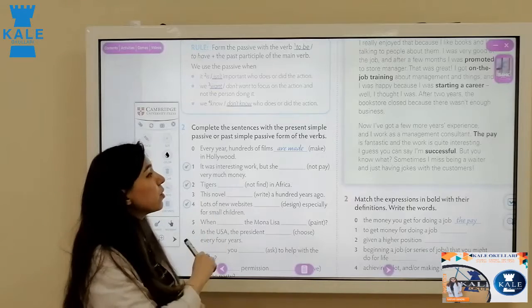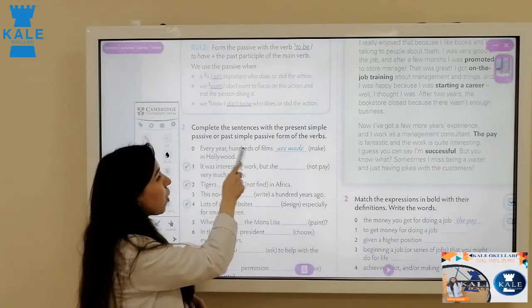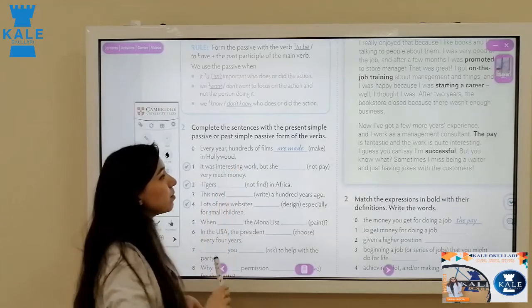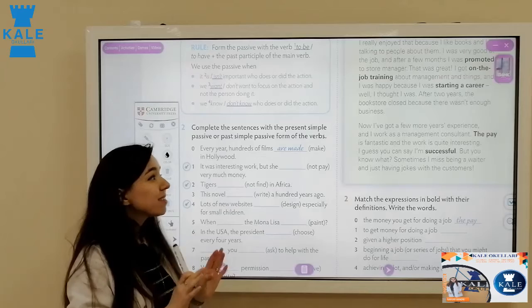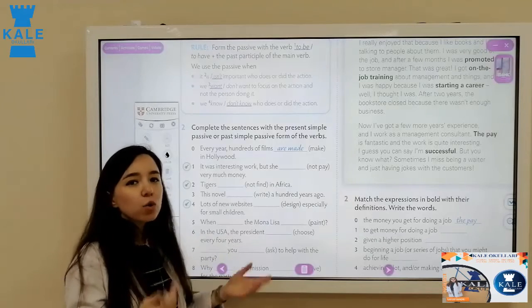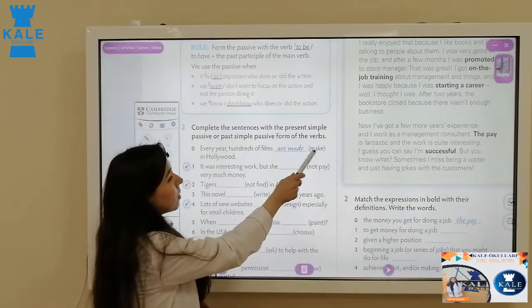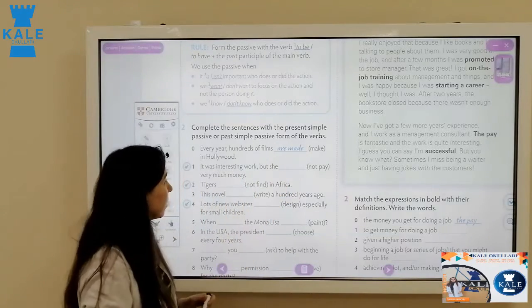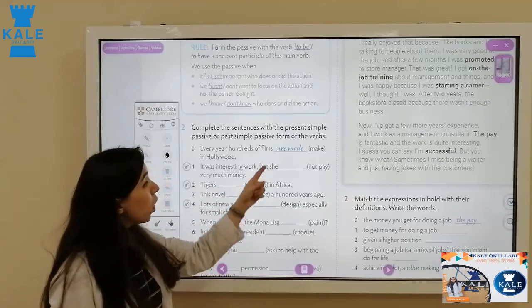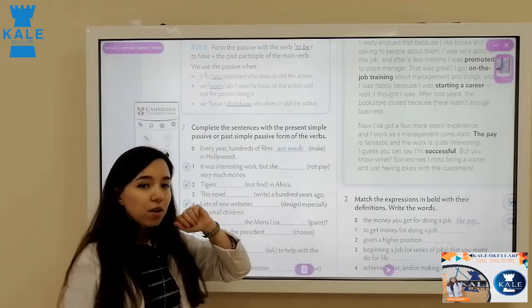So here what are we going to do to change it to passive sentences? Here we need just our object. Hundreds of films is our object. This is important. The subject, that people, directors, whoever, is not important for us. So here is the object, here is our verb. Made changes to are made here, in Hollywood. So our verb in the sentence should be present simple. Why?